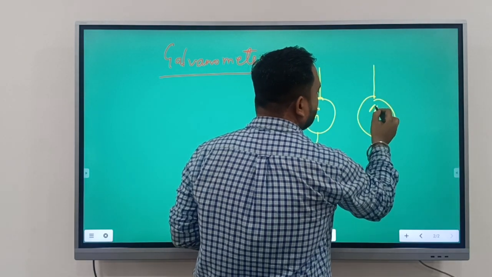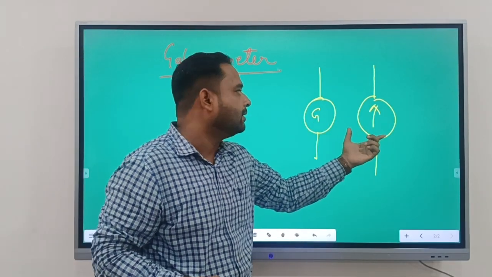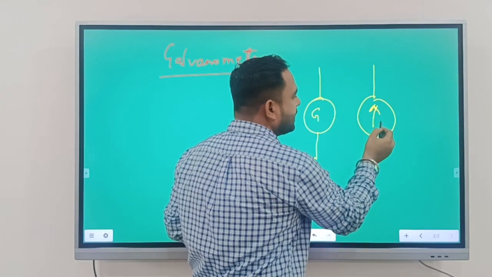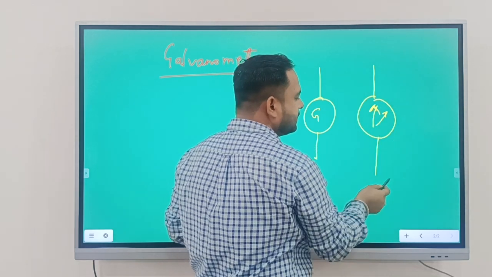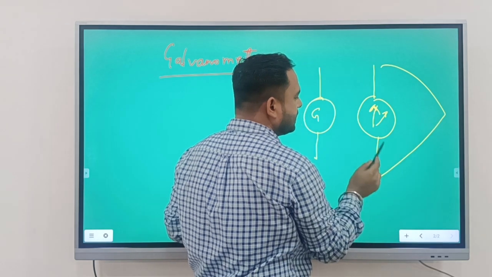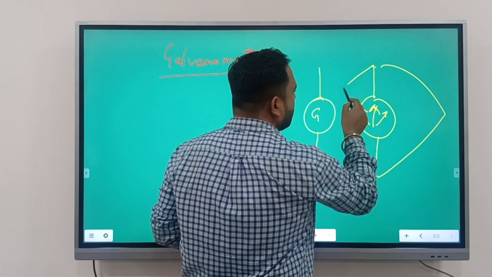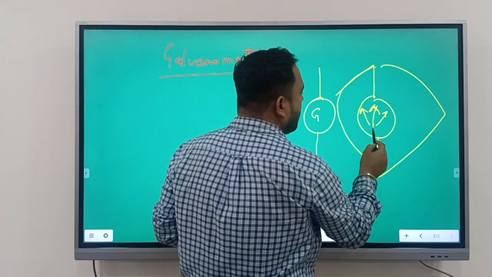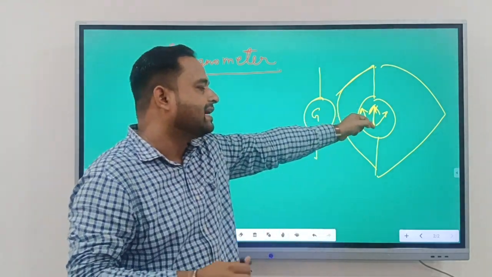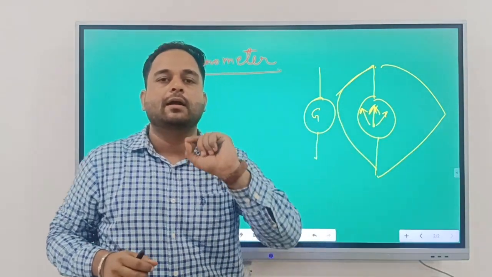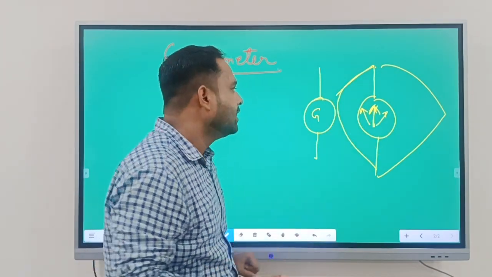There is a needle which indicates the direction of flow of current. If the direction is like here, that means the current passes from this point to this point. If the direction is like here, that means it flows from here to here. If there is a null deflection, if there is no deflection in the needle, that means current is not flowing or current is in a balanced position in that given circuit.